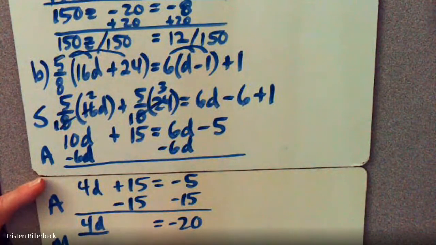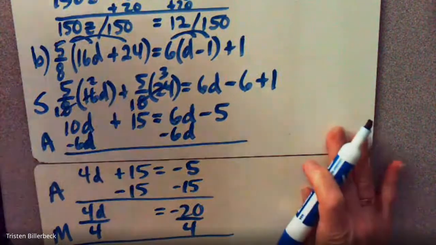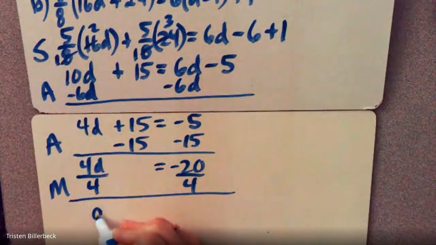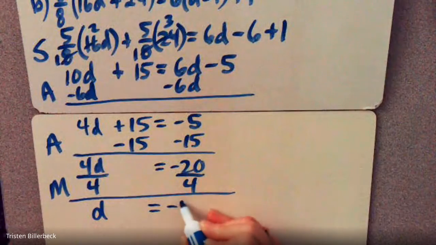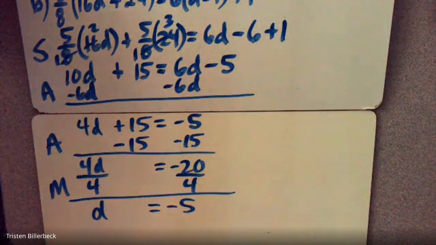If I'm multiplying by 4, I'm going to divide by 4. And my final answer is going to be d equals negative 5. And we can quickly plug that into the other answer to check it as well.